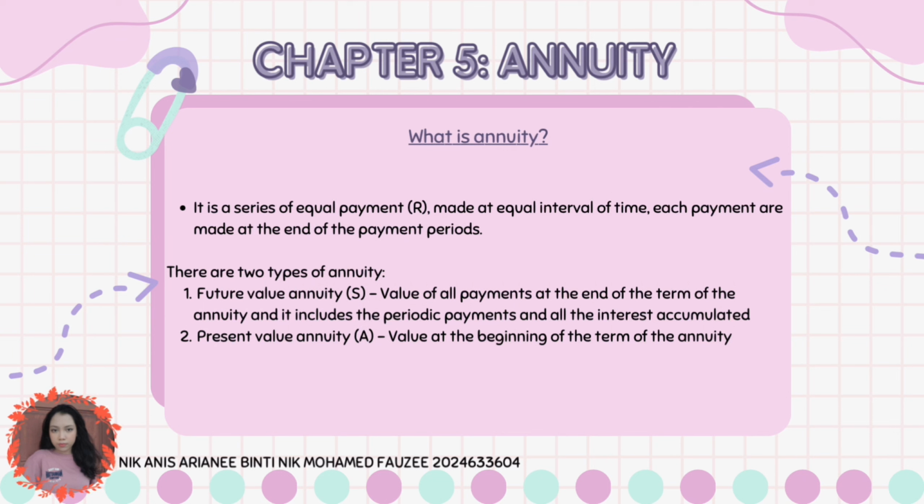It includes both the periodic payments and the interest that accumulates over time. For the second, present value annuity A. This represents the current value of all future payments calculated at the beginning of the annuity term. Annuities are commonly used for saving plans, retirement funds, or loans, making them a valuable tool for financial planning.